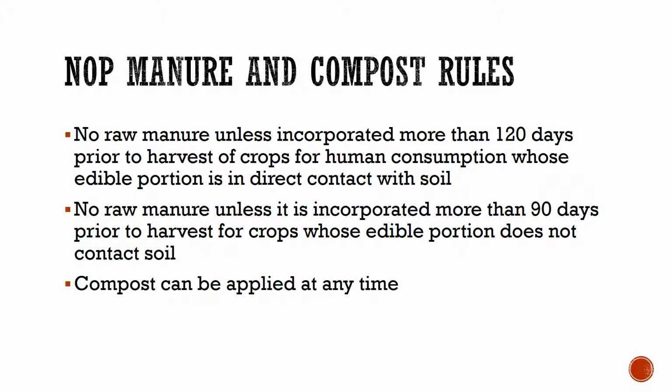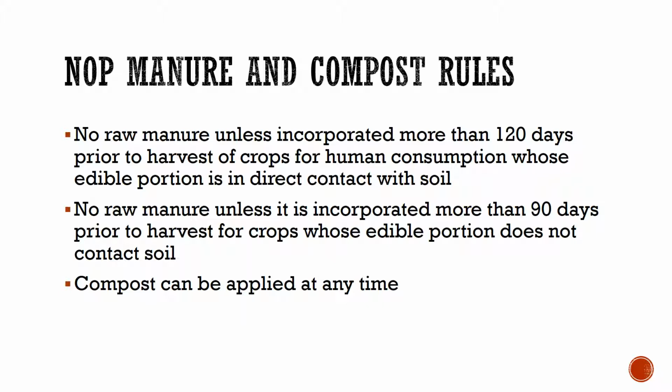All right, NOP rules for manure and compost. We cannot have raw manure unless it's incorporated more than 120 days prior to the harvest of the crop for human consumption. If that's not the case, then you can't grow organically anymore.